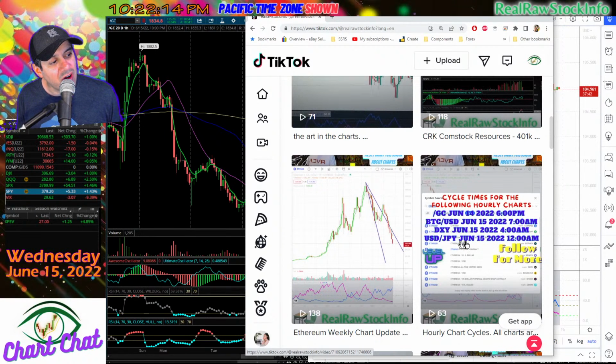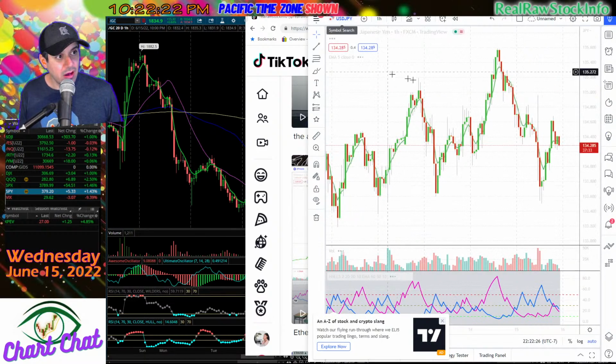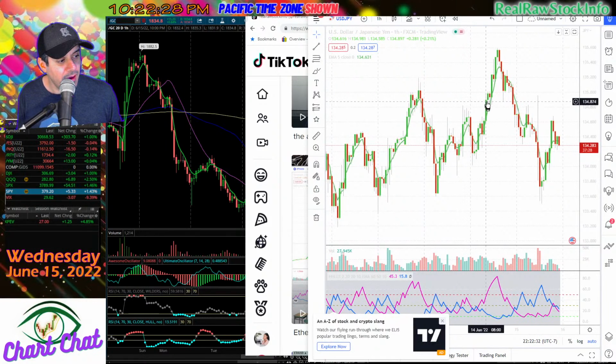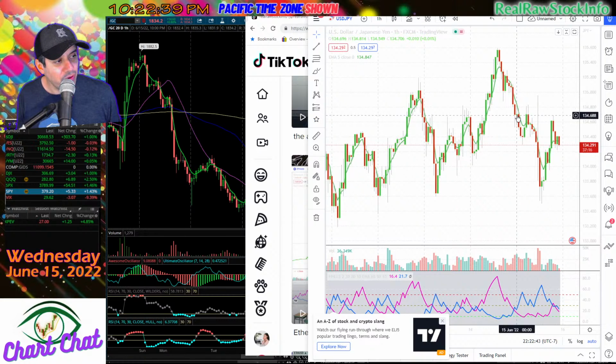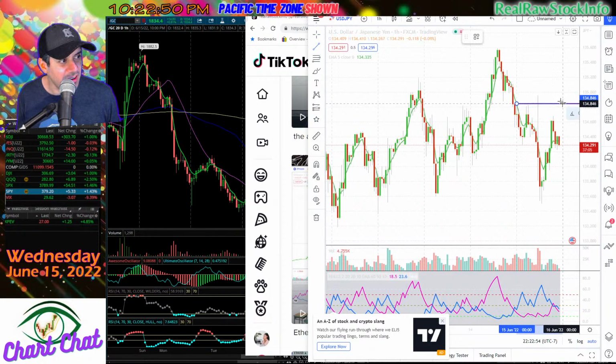Then we have dollar yen, June 15th at 12 a.m. So here, June 15th, 12 a.m., we had a brief pause, but we never made it any higher than that candle, even though we tried to.